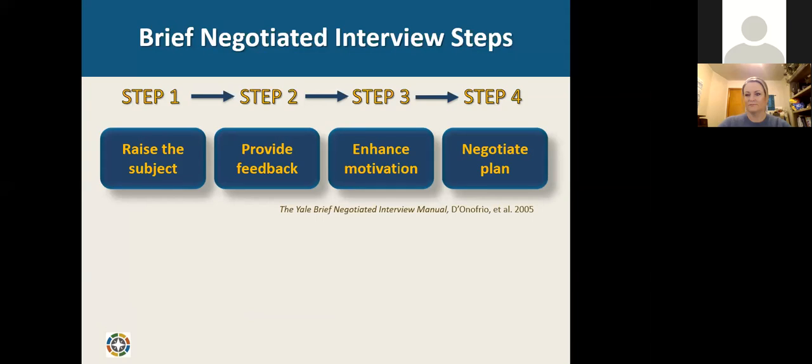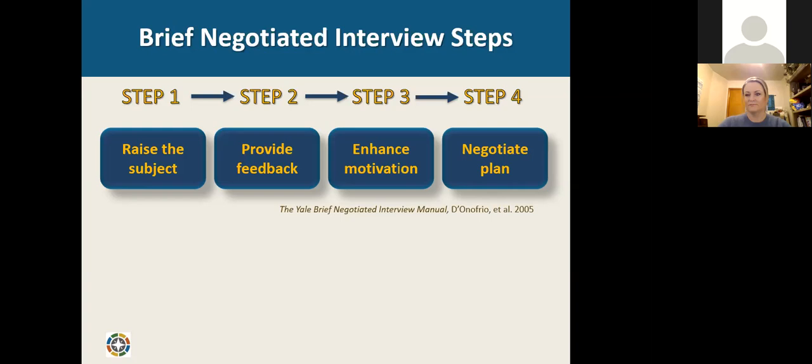Sometimes if we just have an overall general conversation and don't have some of these steps, we can get off track. We might have a limited amount of time, so this keeps us moving forward. Hopefully we can get to that negotiated plan if this is done in a 10-minute or 15-minute time frame. We really can move through these steps.